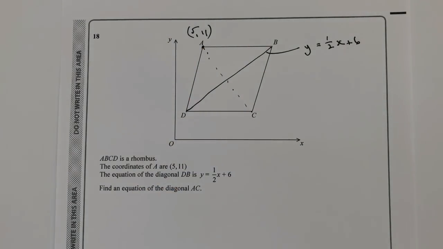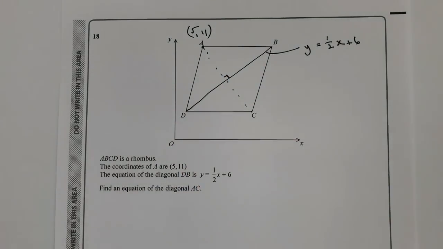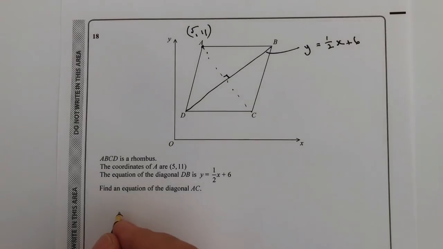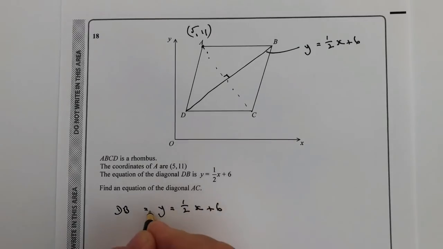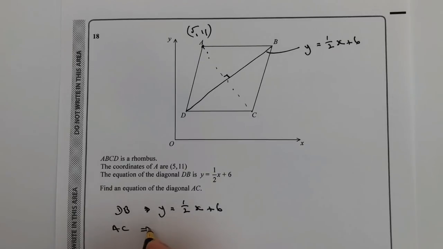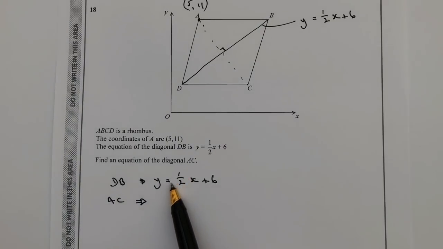Okay, so the way I would do that is firstly to recognise that with it being a rhombus, this is actually a 90-degree perpendicular. So if we've got the line DB, y equals a half x plus 6, then the equation of the line AC is going to be, in terms of the gradient, the negative reciprocal of this gradient.